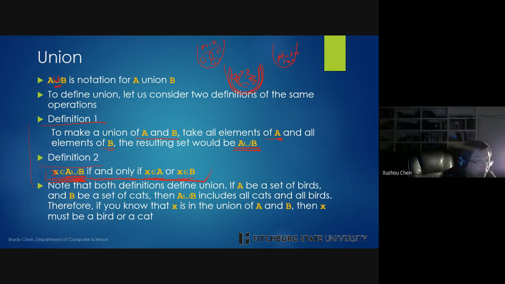In this particular case, it's not. Okay, thanks. However, if two sets have overlap, when we talk about a union, it could be both. Can you think about this case?